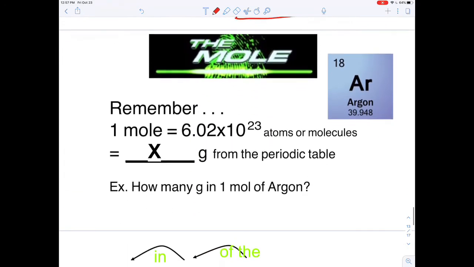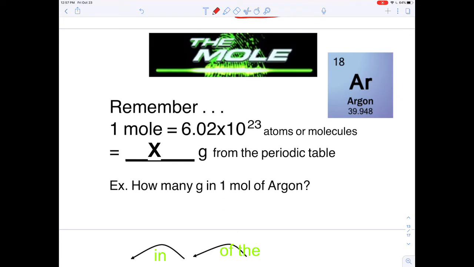Let's keep practicing. So remember, 1 mole of anything is 6.02 times 10 to the 23rd atoms, which are really tiny. And if we want to put that into a number that we can actually use, we can convert it to grams. And so the amount of grams is equal to the atomic mass.